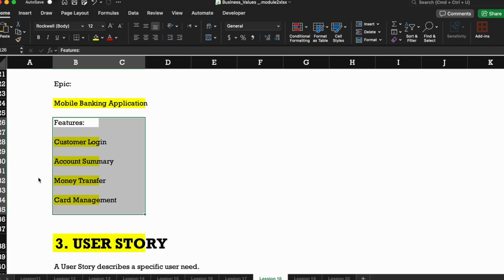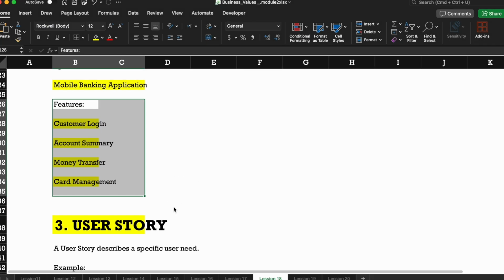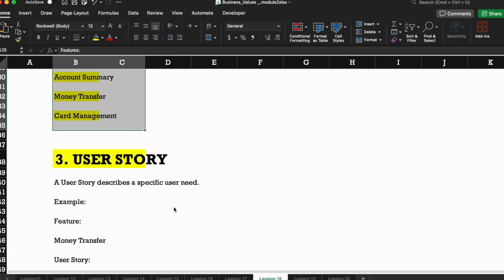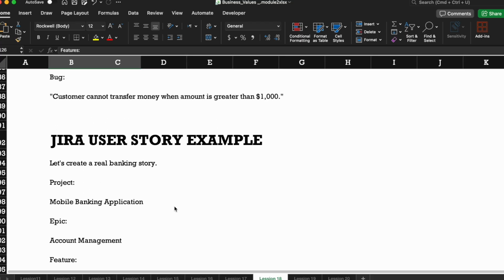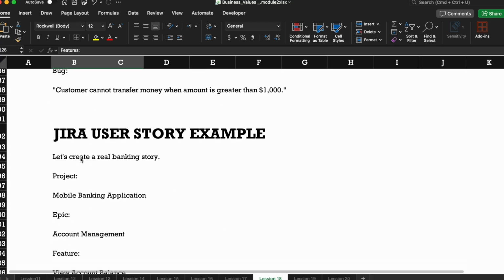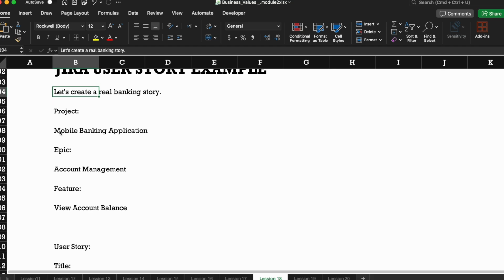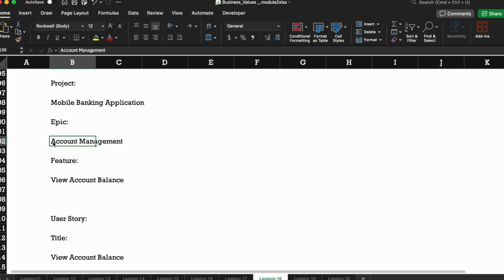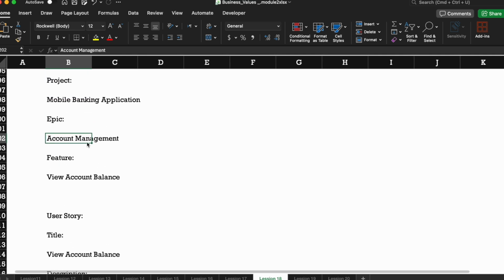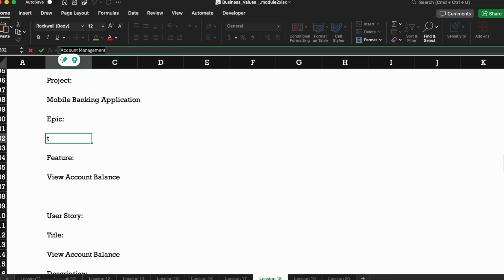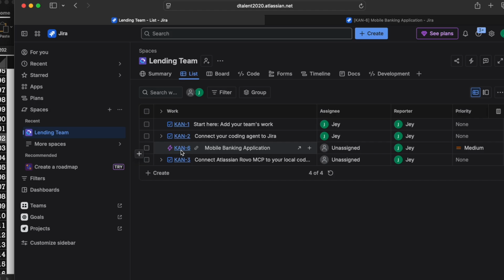Now we'll create a user story. Every time you create a user story, you need to tag the epic under that user story. Let's create this one. Project mobile banking, account management. I think we have to use this one more specifically, so let me copy it.